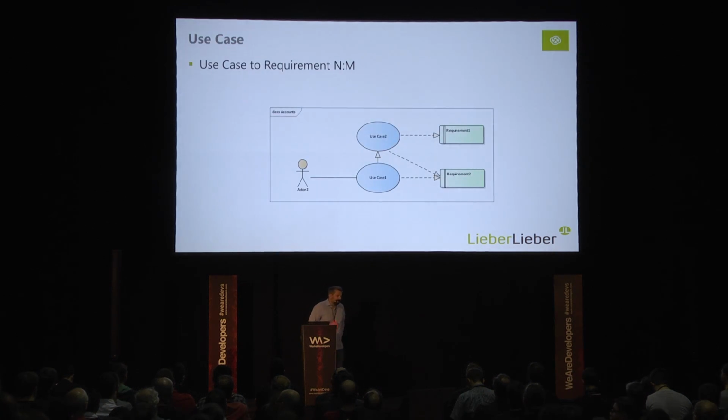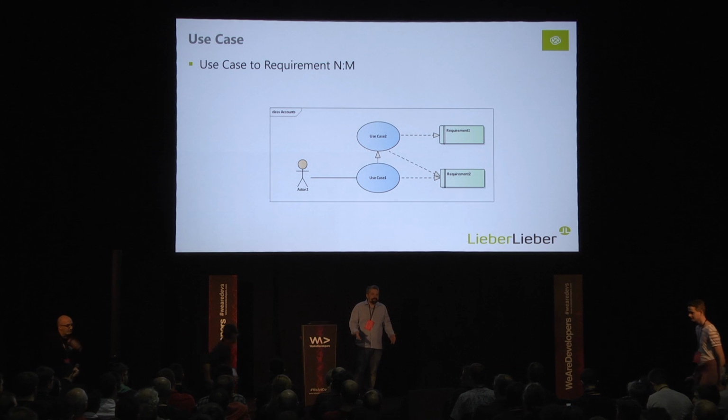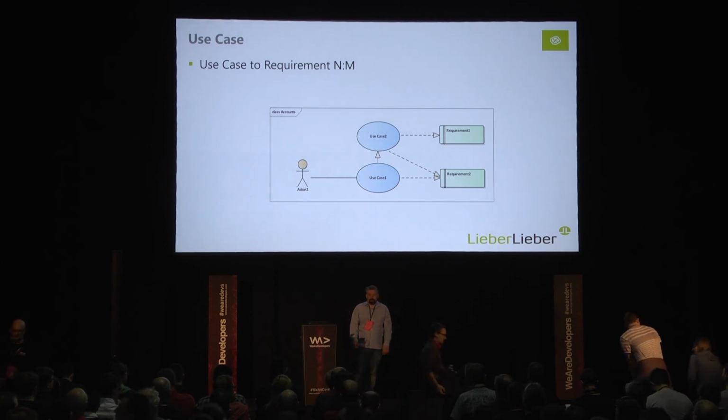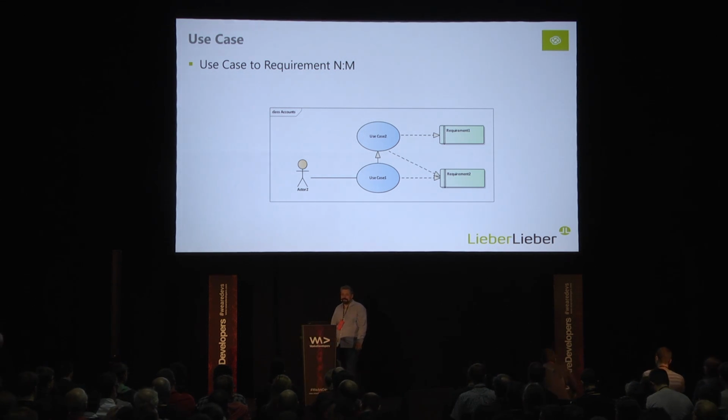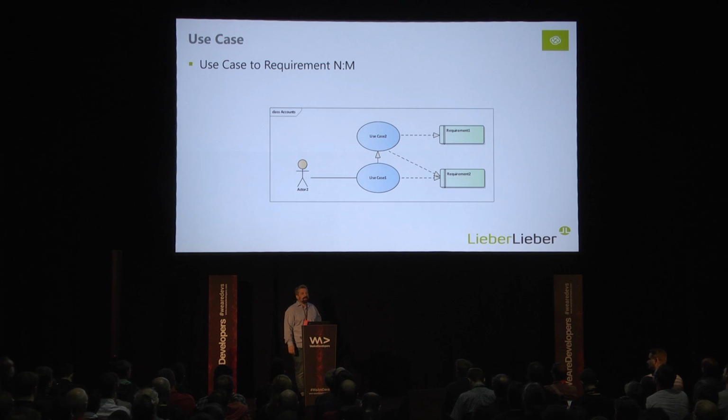So UML is interesting. You know, use case diagrams, if you first see them, you think they are all just bullshit. It's the obvious, just drawn. But it gets interesting if you can do something like link your use cases with your requirements.